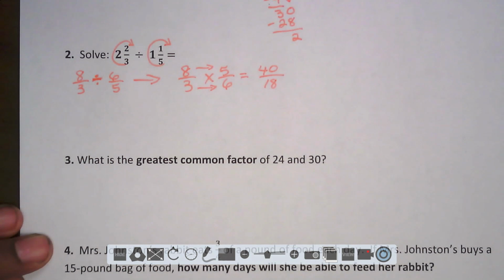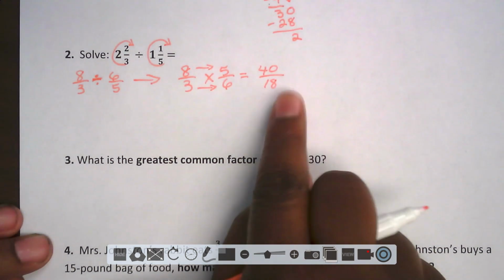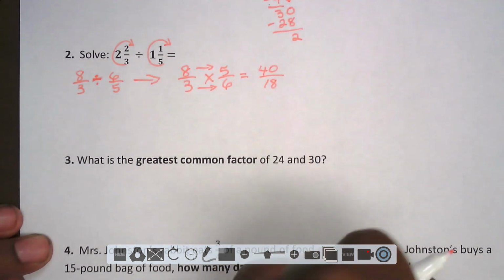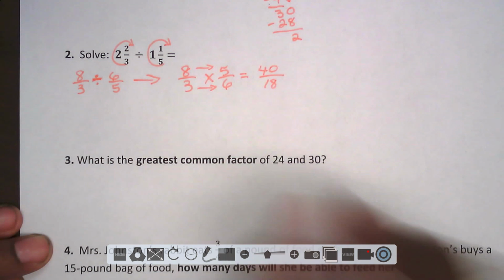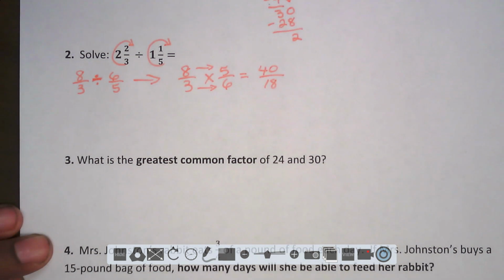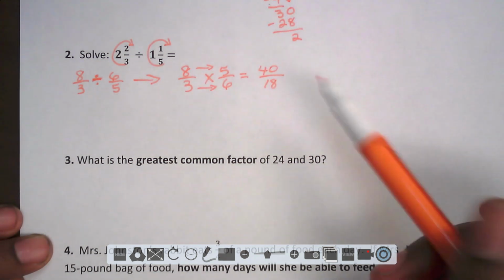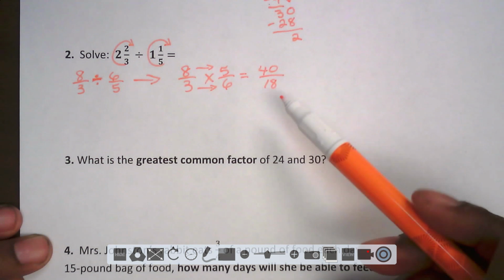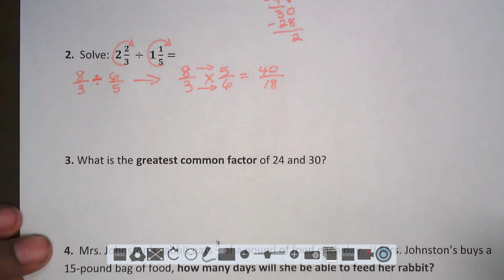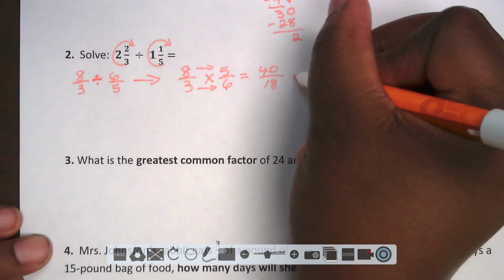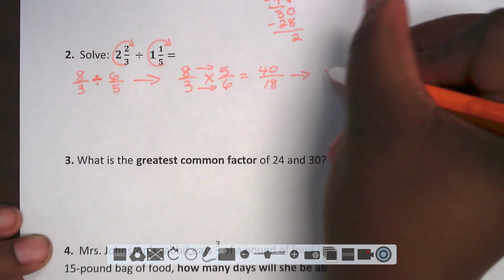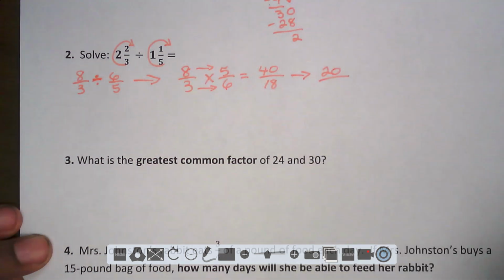And I know that that's not its final form, as you guys hear me say. That's not the smallest that this fraction can be. So we're going to simplify or reduce it down. And I know that 40 and 18, they share a common factor of 2. So I'm going to divide my 40 by 2 and I get 20. Divide my 18 by 2 and I get 9.